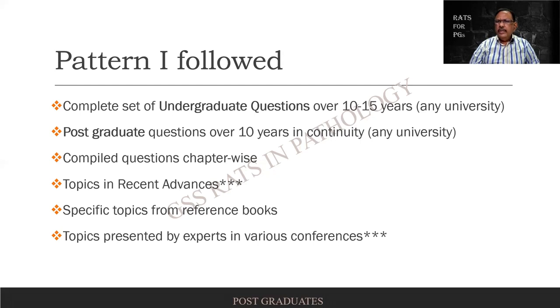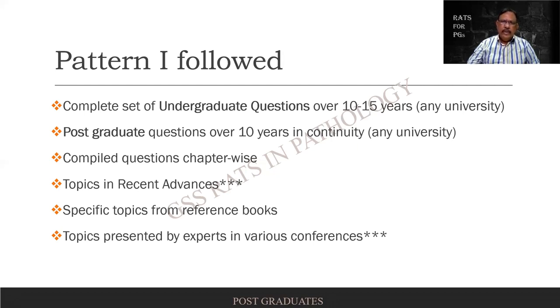Or any of the surgical pathology. Any specific topic from reference books. I had given you a few examples. And topics presented by experts in various conferences. So these you people should be marking. And look at this one very carefully. I had mentioned only the questions, nothing about the answer.